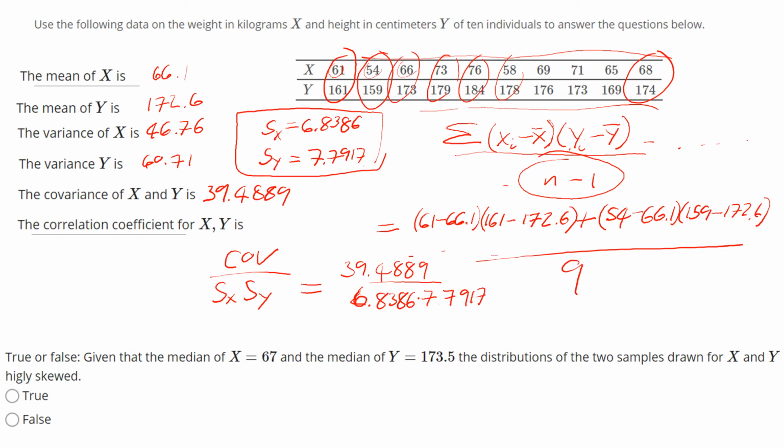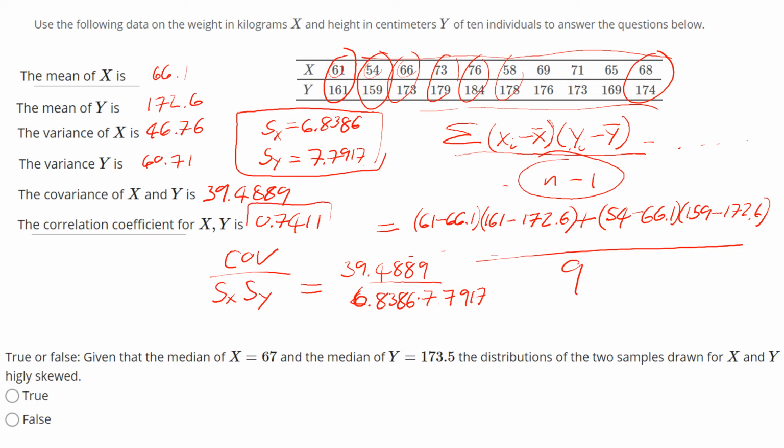And that gives us an answer of something like 0.7411. Okay. So how do we interpret this number?